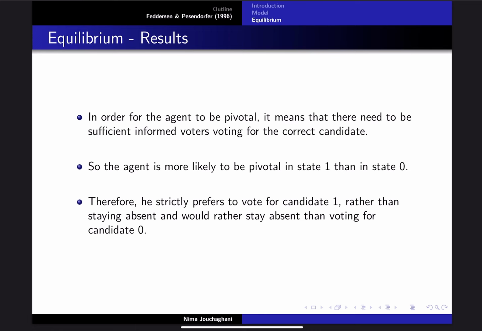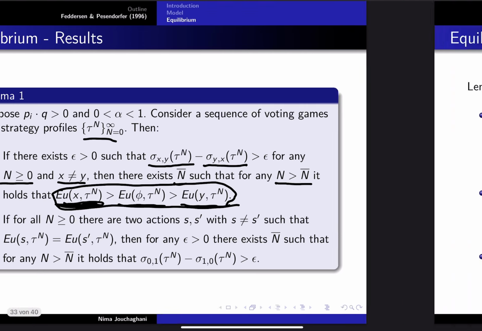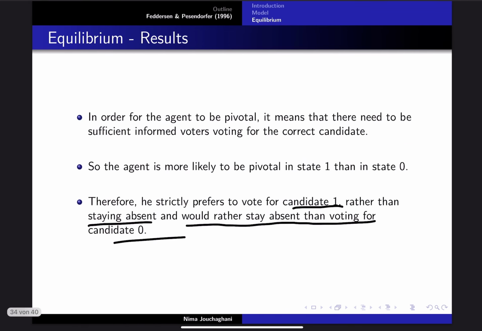So as a consequence, you strictly prefer to vote for candidate 1 rather than staying absent, and you would rather stay absent than voting for candidate 0. And this is basically what's reflected here. That's by itself a quite nice and interesting result, pinning down the analogy to the winner's curse in auction theory.